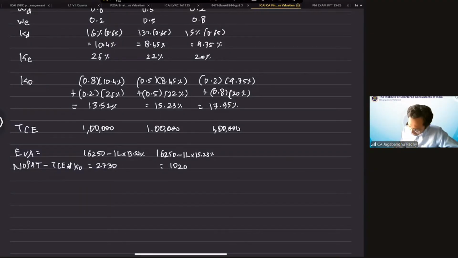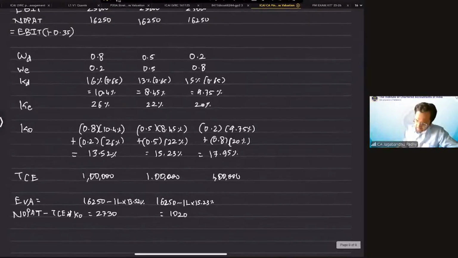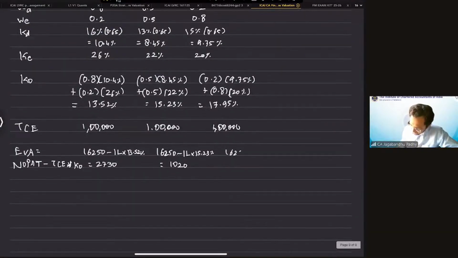And then finally 16,250 minus 1 lakh into 17.95%, so 16,250 minus 17,950, which is negative 1,700.